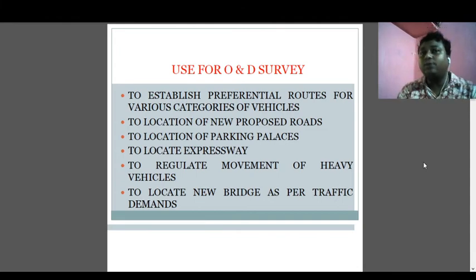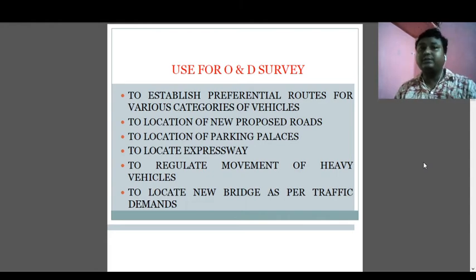Out of 2000 vehicles, suppose 900 vehicles are following path A, 400 vehicles are following path B and 700 vehicles are following path C. From this scenario, we can find out that path A is preferred by the maximum percentage of vehicles. Path C is given as the second preference, and path B is the least preferred.